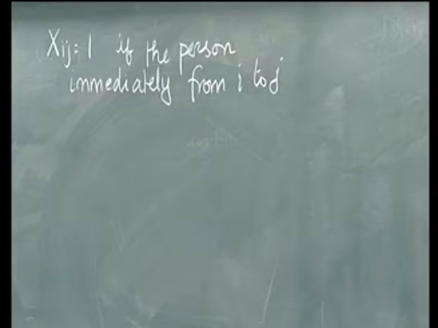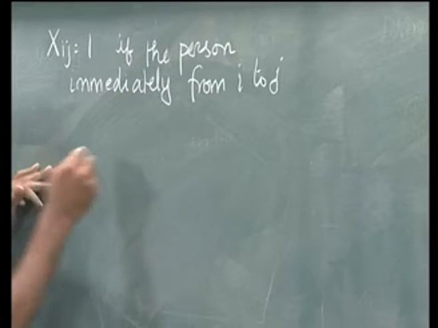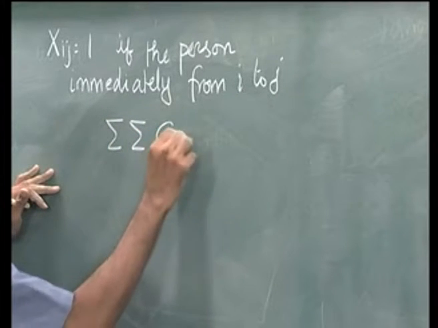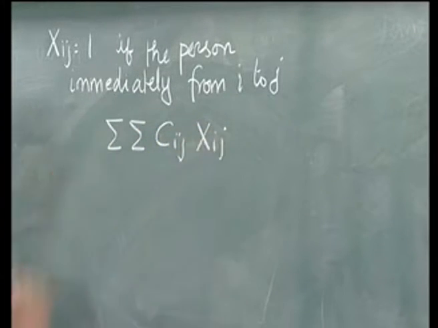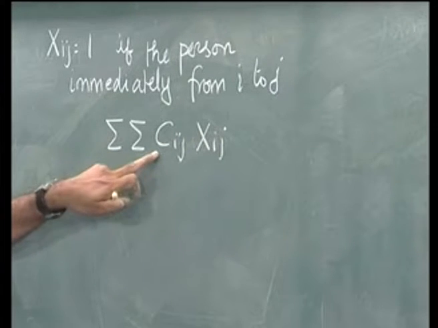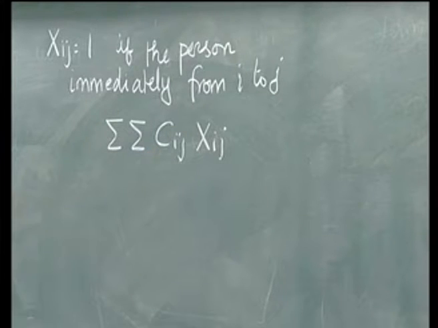The objective function is to minimize the total distance travelled. So, this will be double sigma Cij Xij. We have already seen that this Cij could represent a cost or it could represent a distance.